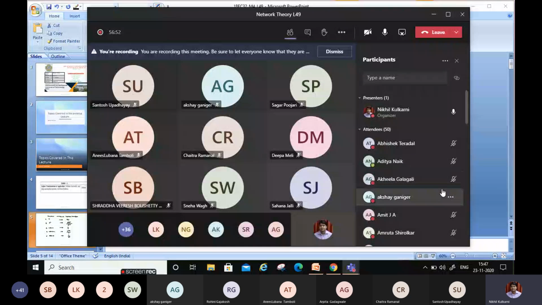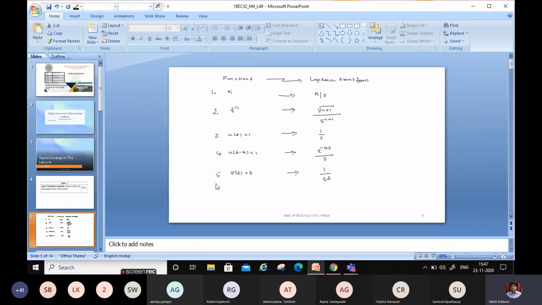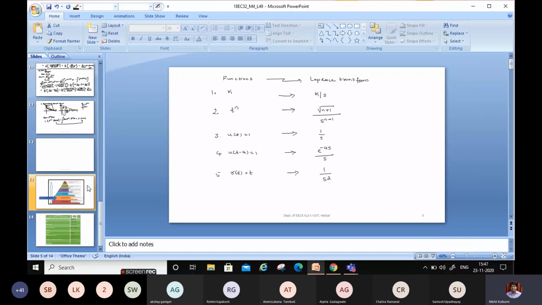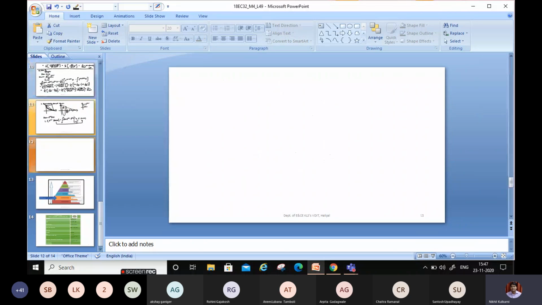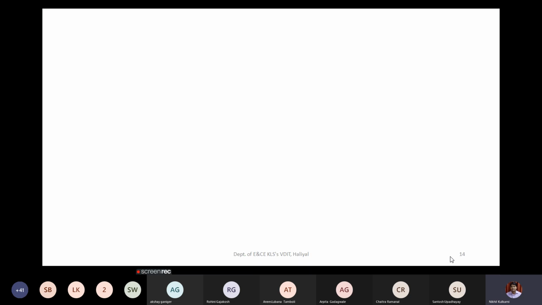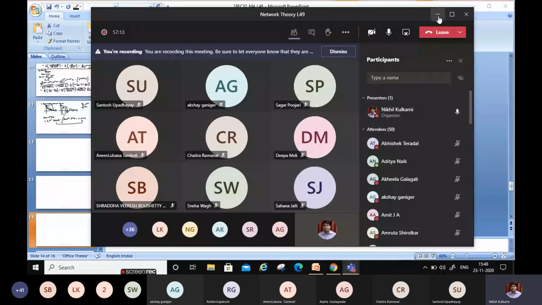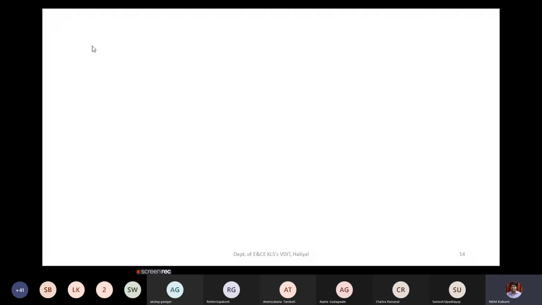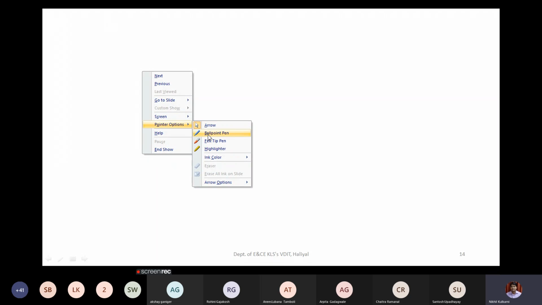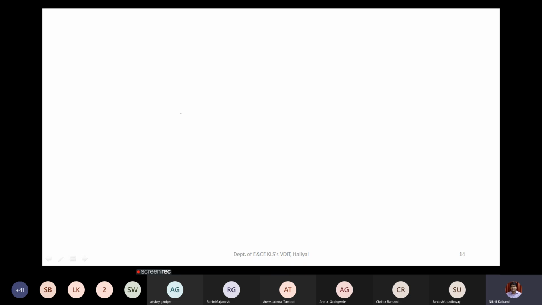Okay, everyone completed the given work, continued this. Okay, now we will go through the few properties here of the Laplace transform.